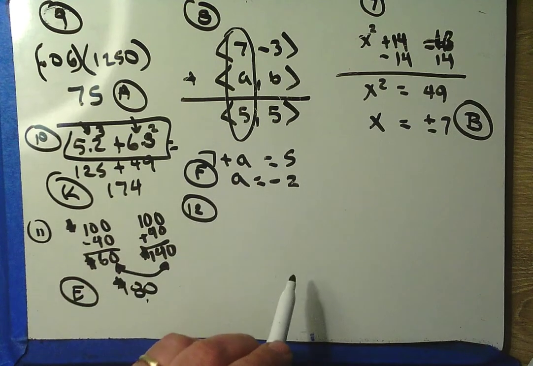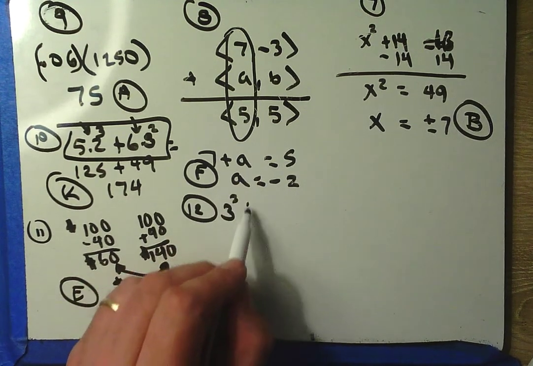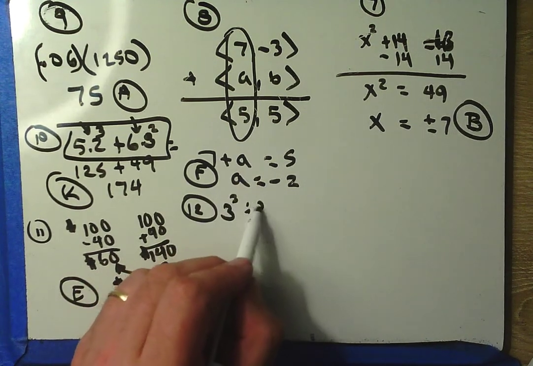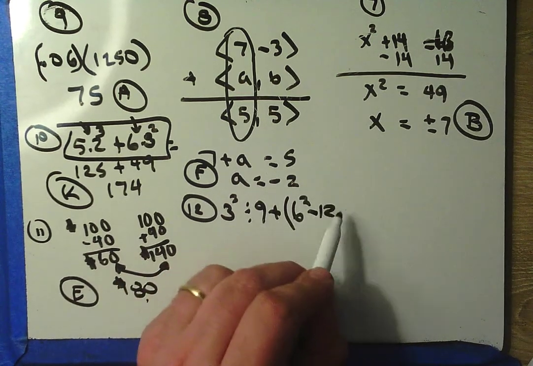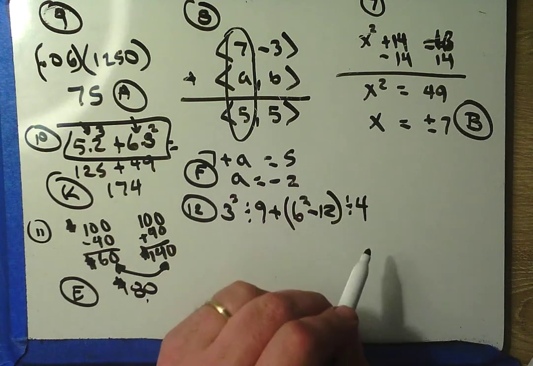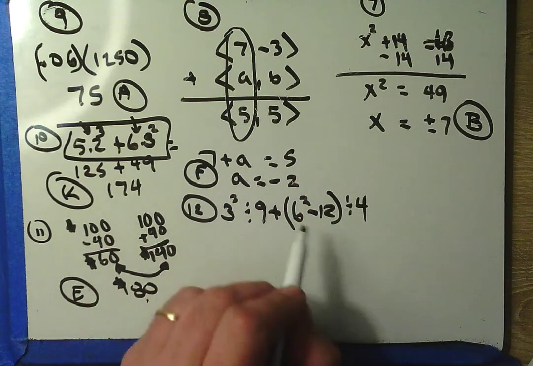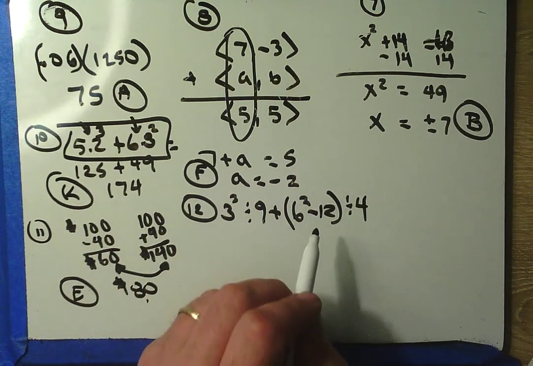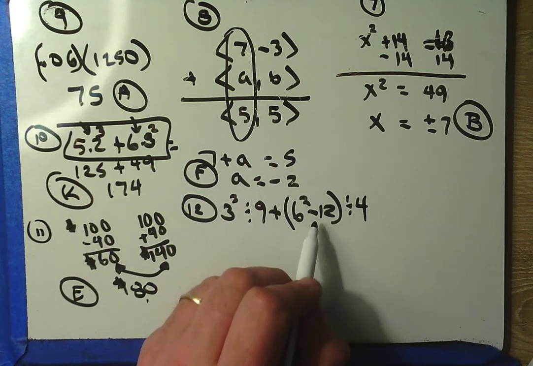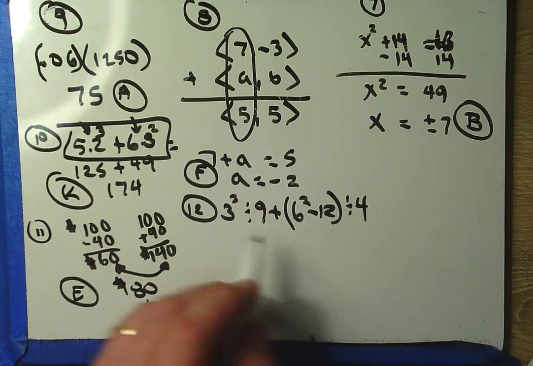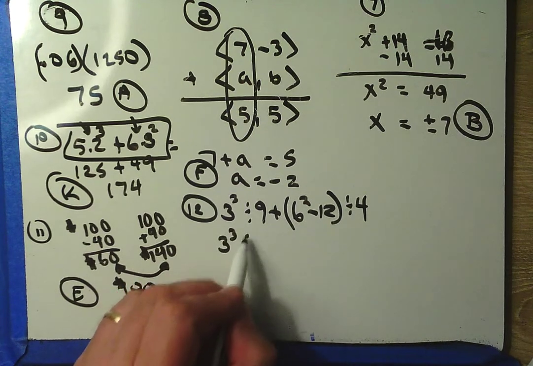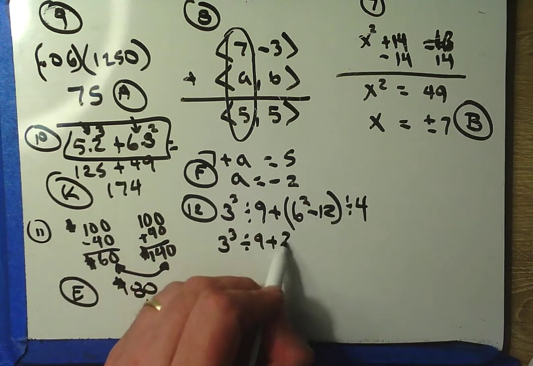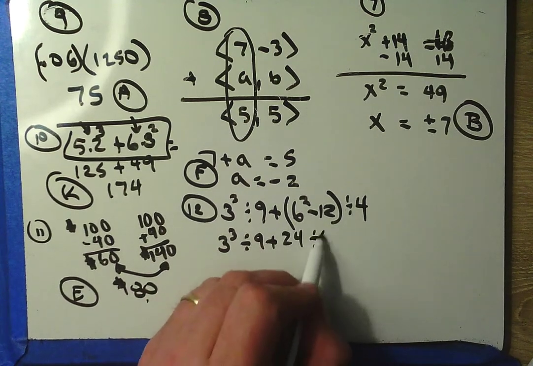12. 12 says 3 to the third divided by 9 plus 6 squared minus 12 divided by 4. Okay, so let's see. I remember I'm supposed to start with PEMDAS, inside parentheses. So 36 minus 12 is 24. 3 to the third divided by 9 plus 24 divided by 4.